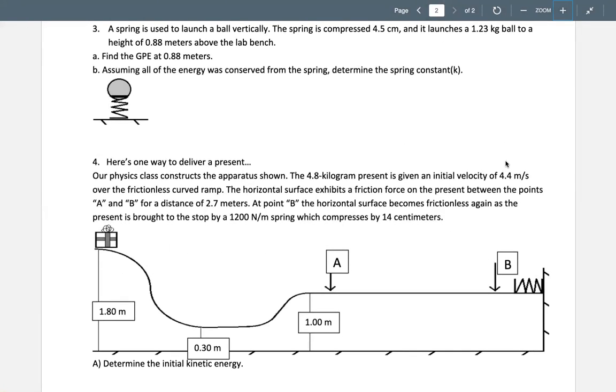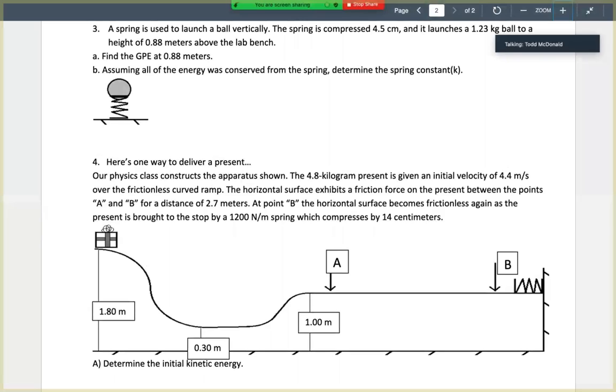0.88 meters. Okay. So first thing it's asking us to do is calculate the gravitational potential energy at its highest point. So I want to know, once the spring launches this ball vertically, how much energy will it have? I'm just going to find out this mgh. So I plug in my numbers. I know that the mass is 1.23 kilograms.